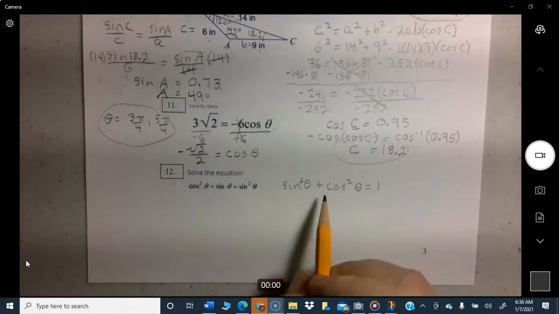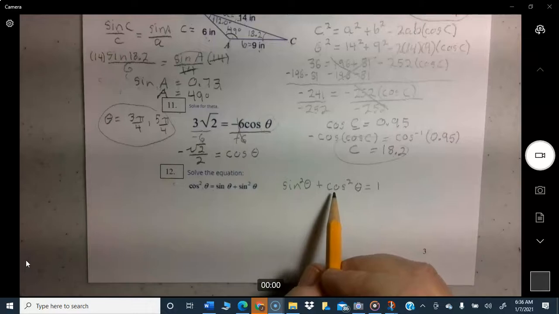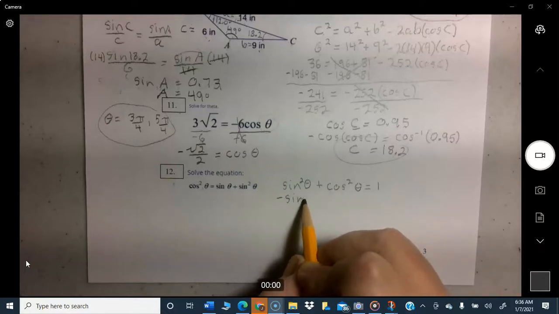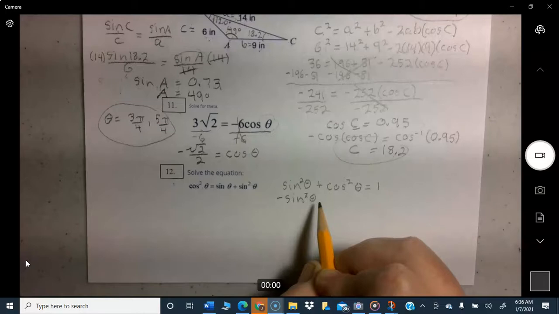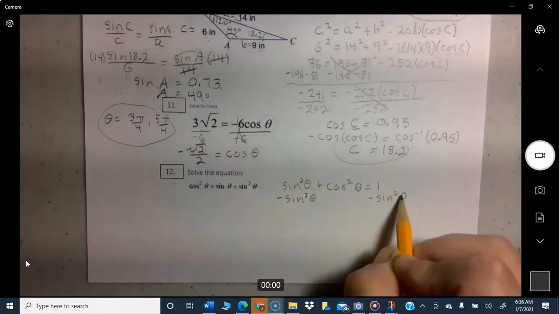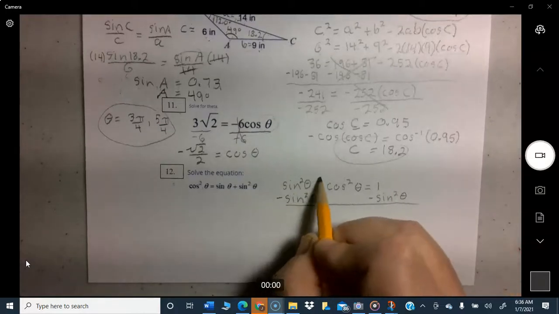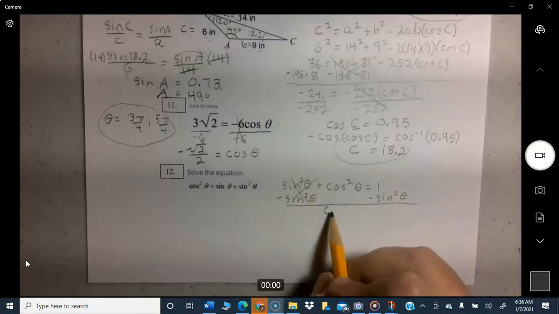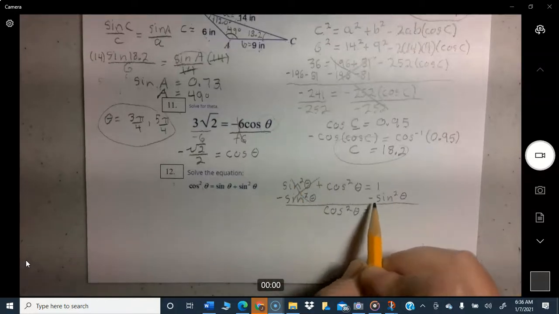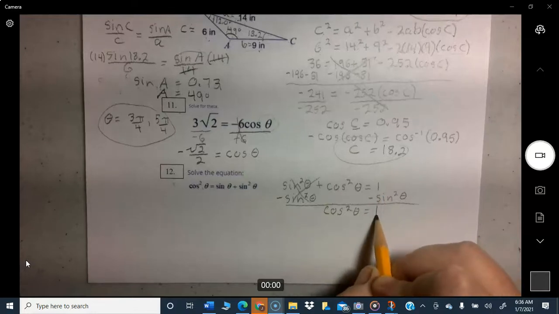And now what we're going to do is solve for cosine here. So we're going to subtract sine squared theta from both sides. These cancel, and you end up with cosine squared theta equals 1 minus sine squared theta.